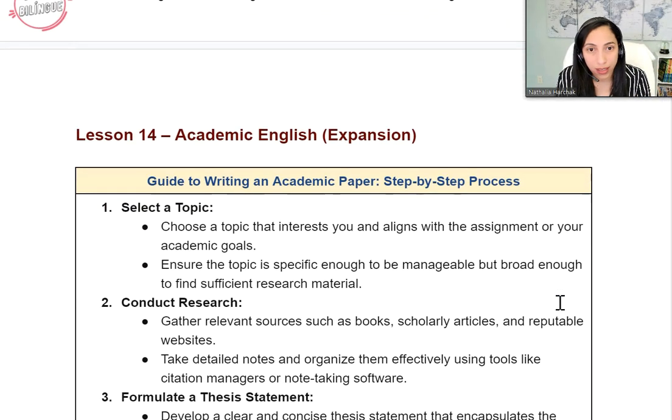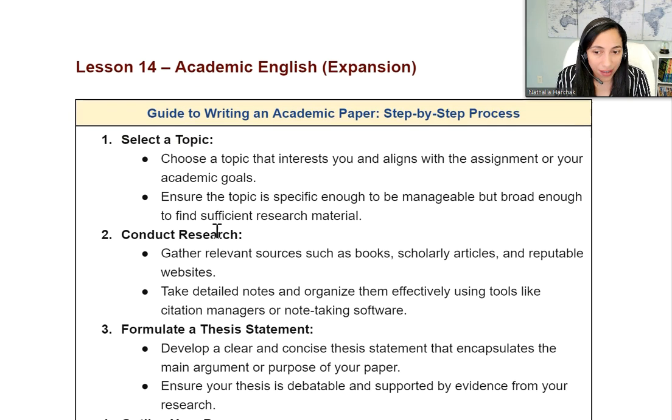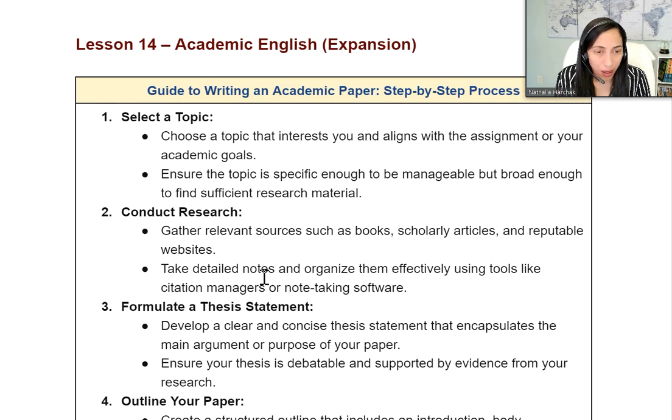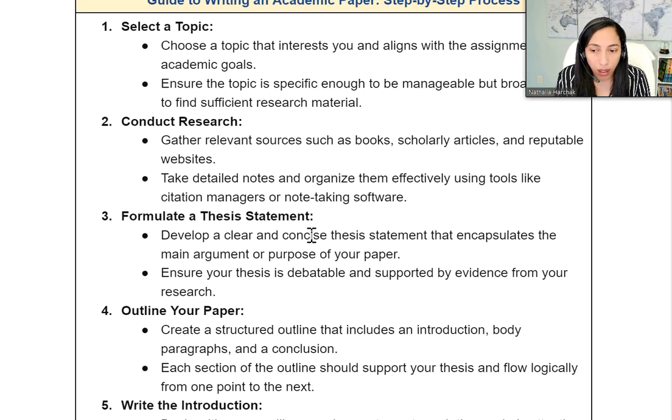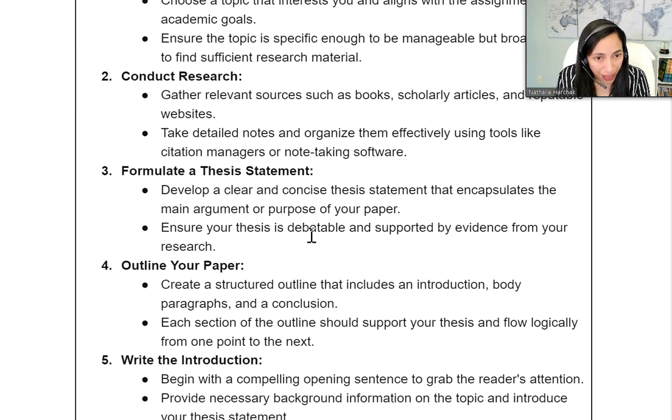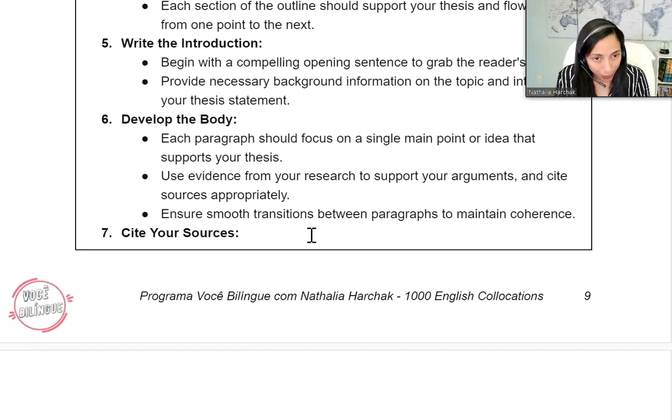I told you I wouldn't talk about it because it's a little bit too specific. But if you want a nice guide to writing an academic paper, I have 10 steps that I wrote, a step-by-step process here to help you understand how you can effectively write a text and feel good about it.